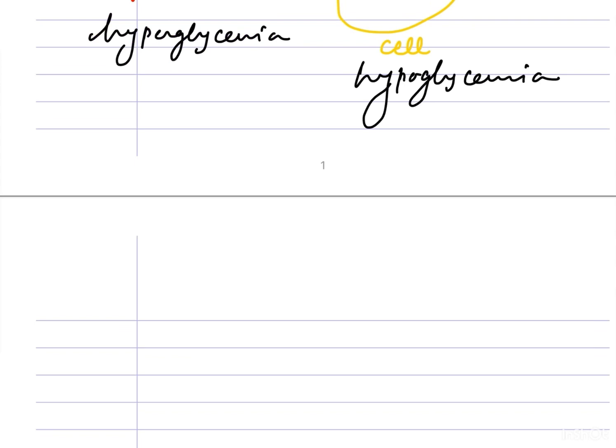Now this cell will give a message to our CNS, our brain, that it is not getting a sufficient amount of glucose to work. So what will the brain do? The brain will start a counter regulatory mechanism.